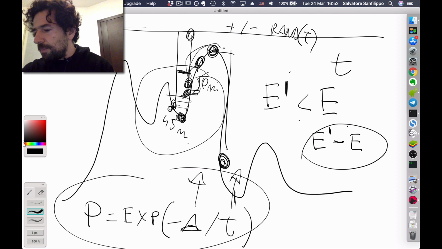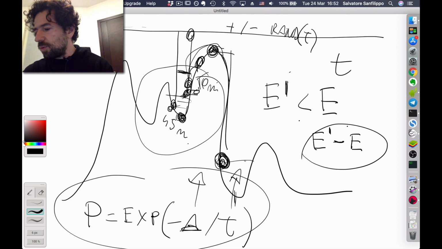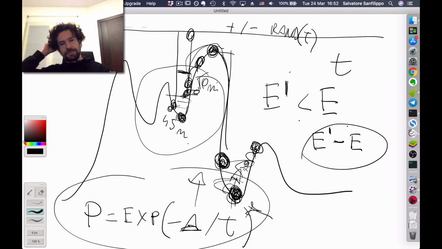I will climb the hill because I am willing to accept a worse solution when the temperature is very high, so I can go over my local minima and find a better space of the solution. Then, as the temperature is cooling down, I start to do smaller jumps. Sometimes I still accept a worse solution, but then the solution will very likely converge to the best possible solution here.